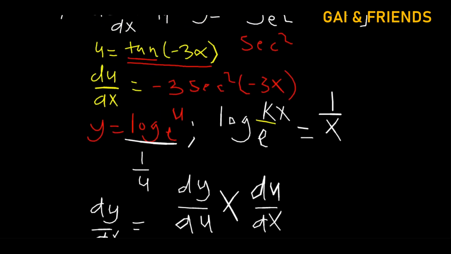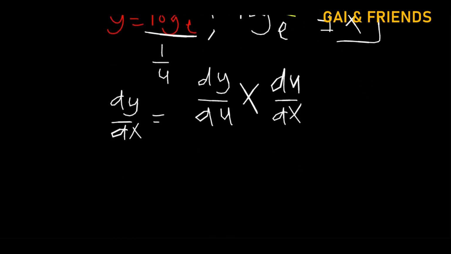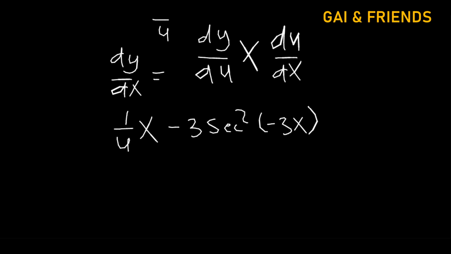Our dy over du is 1 out of u, and our du over dx is negative 3 secant squared negative 3x. So it's going to be 1 out of u times negative 3 secant squared negative 3x. When you multiply this, it's going to give you negative 3 secant squared negative 3x out of u.